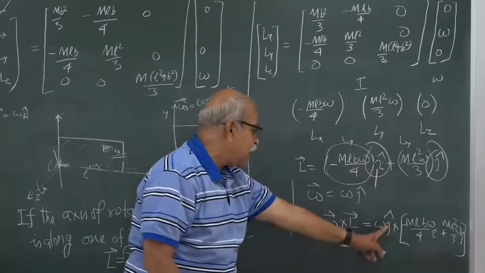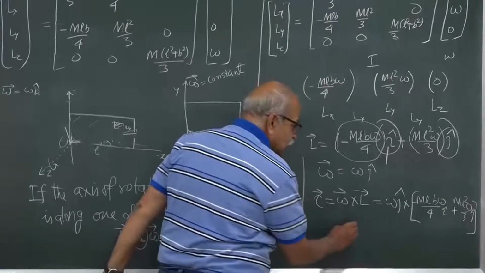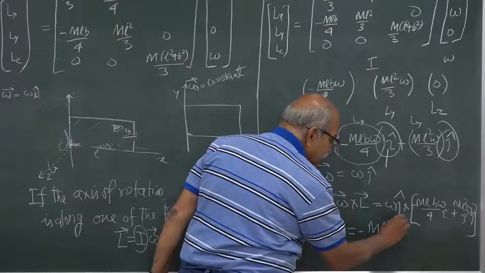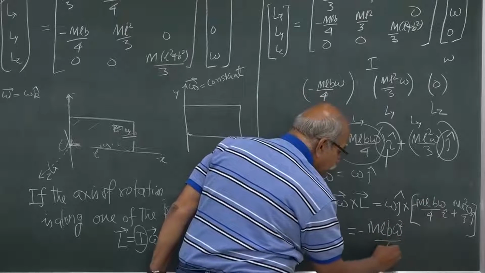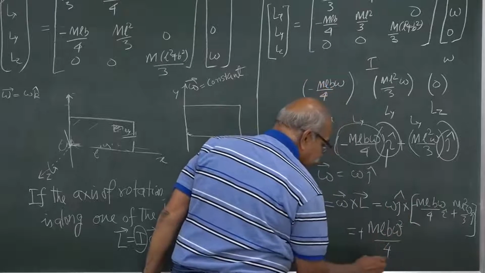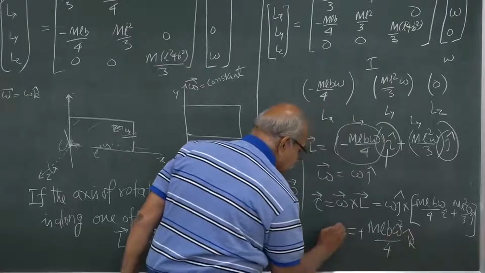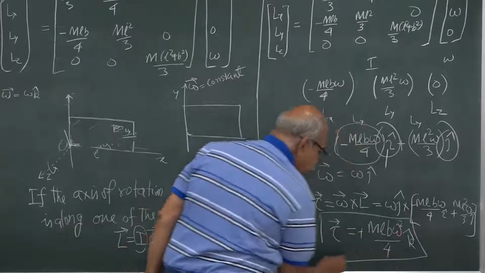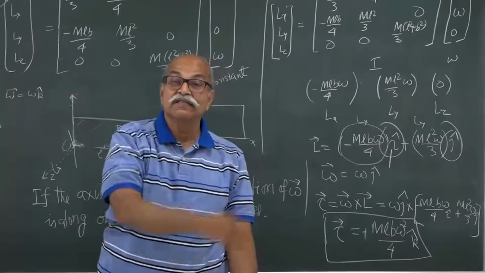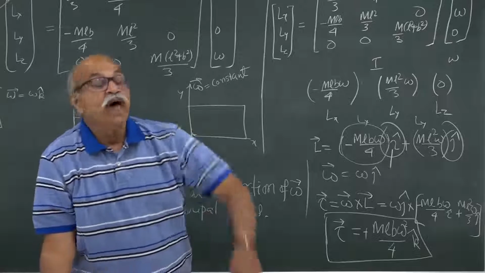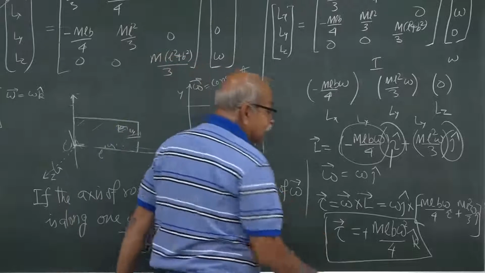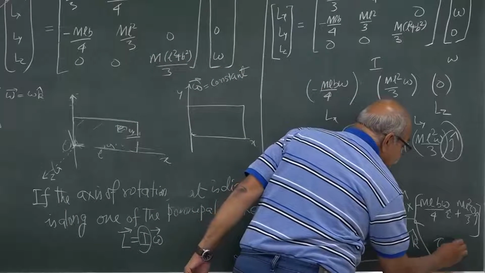Cross product j cap cross j cap is 0. So, you have minus m L b omega square divided by 4 times j cap cross i cap, which is minus k cap. So, plus here and k cap here. This is our torque. To maintain uniform angular velocity of this plate, you have to apply this much torque. So, torque equal to I alpha will not work.